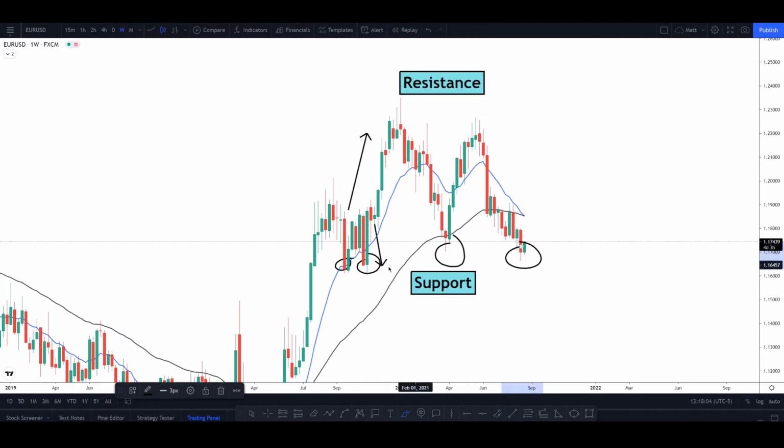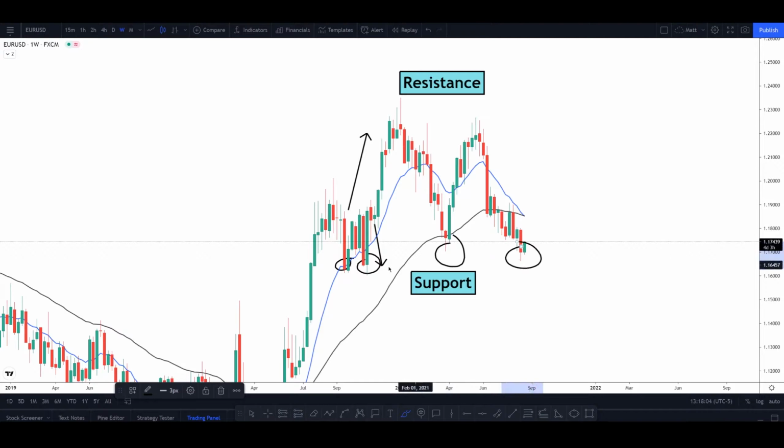But you should be aware of the fact that support or resistance is not a single price point. It's a composite of different prices within a general price range. So don't think of it as one price, but think of it as a tight group of different prices, like a cluster of prices.